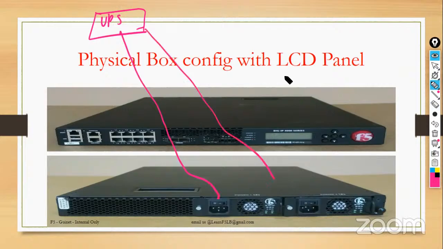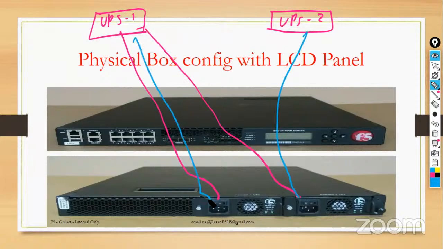This is UPS one and this is UPS two. So for redundancy, how can we use the power inputs? Is this the correct way, or should we connect to the other UPS one? This is the correct way, blue one.